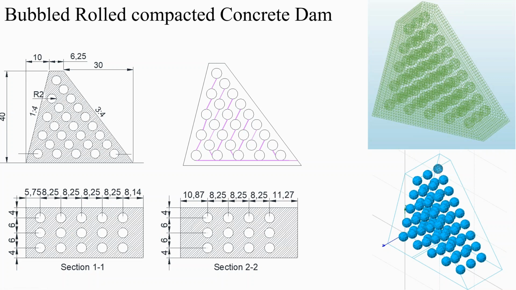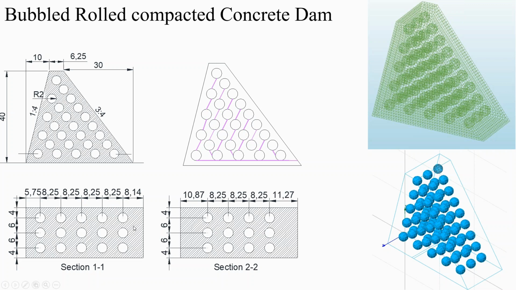And to consider the change in the dam cross section, the analysis focused on one segment of the dam with 20 meter width, where 3 bubbles were placed within 6 meters center to center in the longitudinal axis of the dam and 8.25 meters towards the downstream.